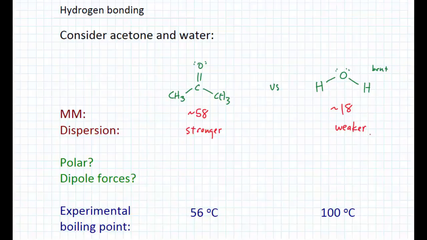So let's talk polarity. Do you think that acetone is polar or nonpolar? Polar. Yep, we got a more electronegative O pulling away from the C. No arrows on the CC bonds, no arrows on the CH bonds. Okay, so polar. That means a yes to dipole-dipole forces, right? What about water?